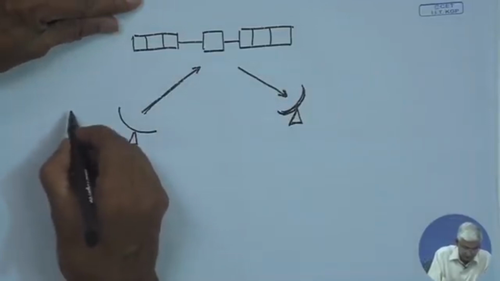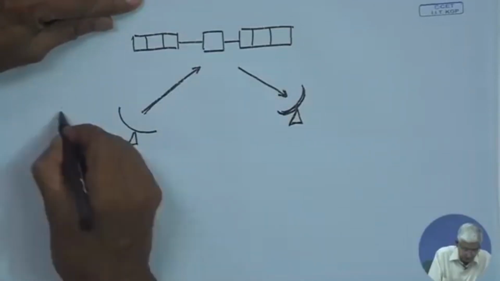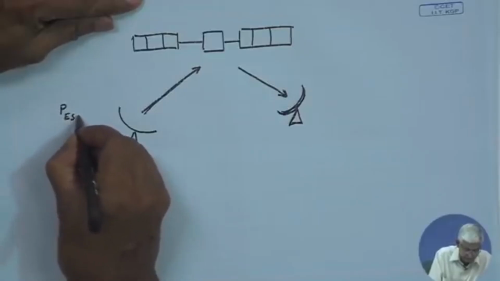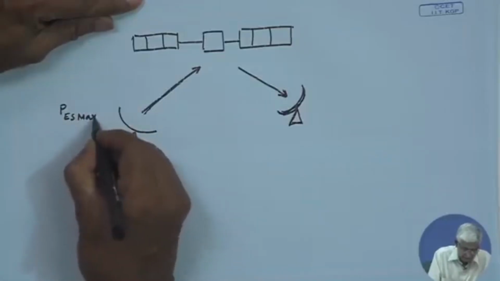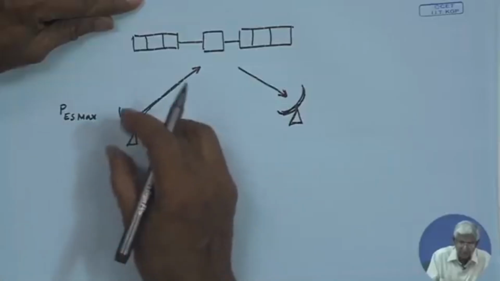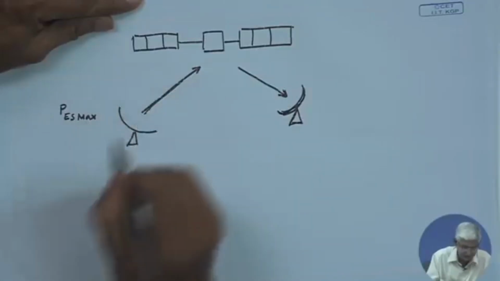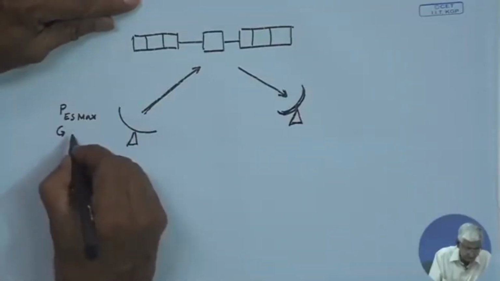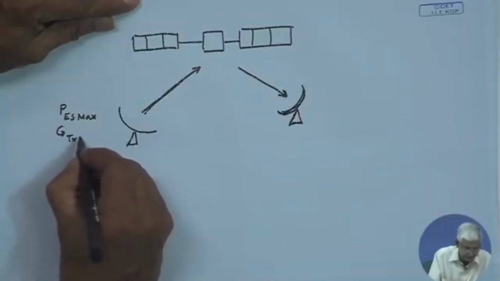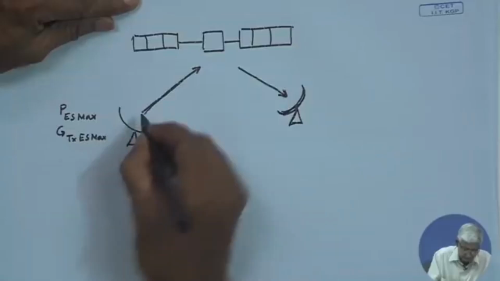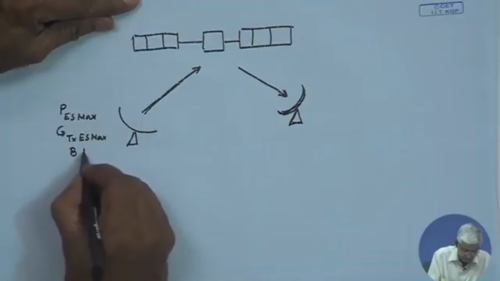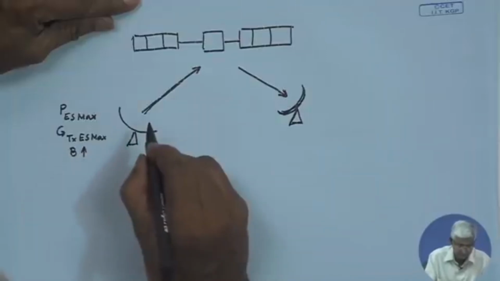So, let us term it. The power from this uplink station we call power of the earth station, maximum power, and when I say maximum power, it is power amplifier power minus feeder loss, etc., which is appearing at the antenna. The gain of the transmit station will be maximum, since it is pointed towards the satellite, and the bandwidth is the uplink bandwidth.